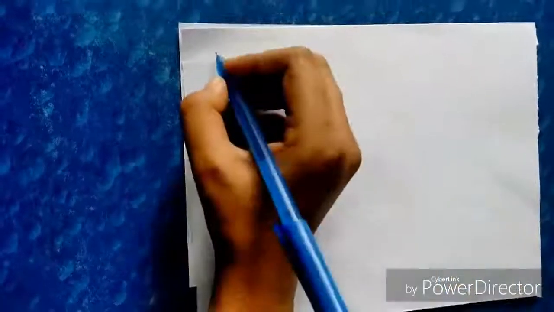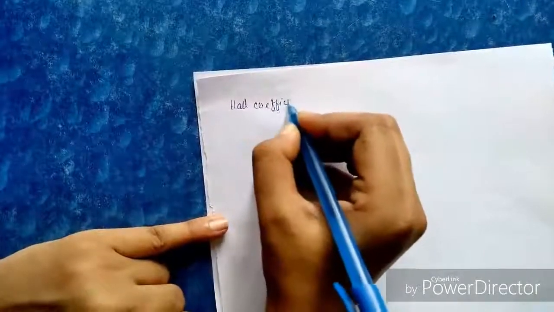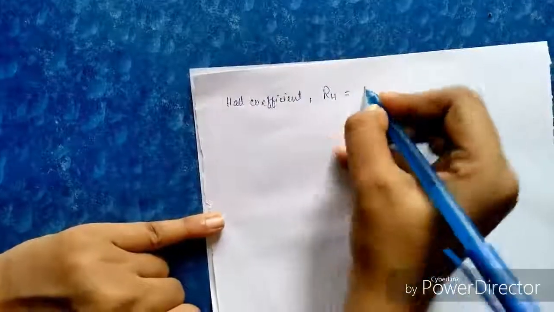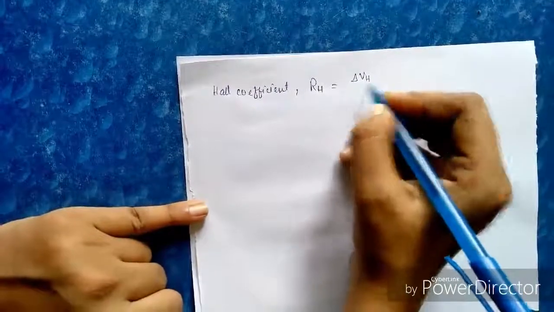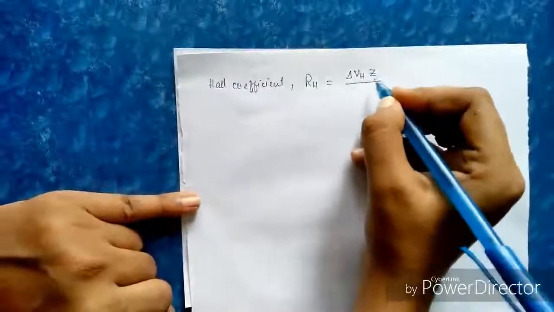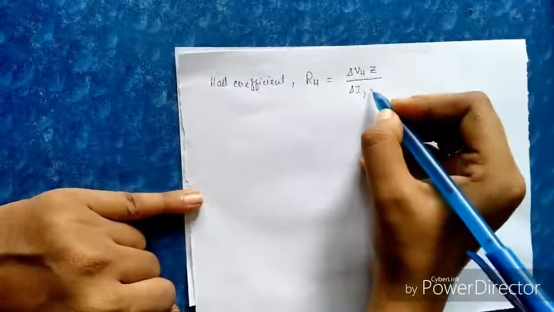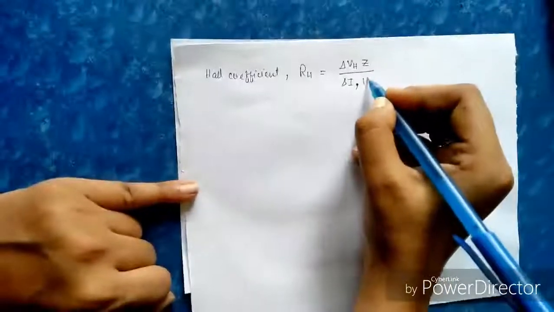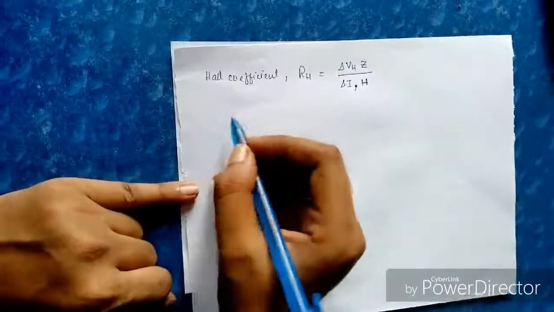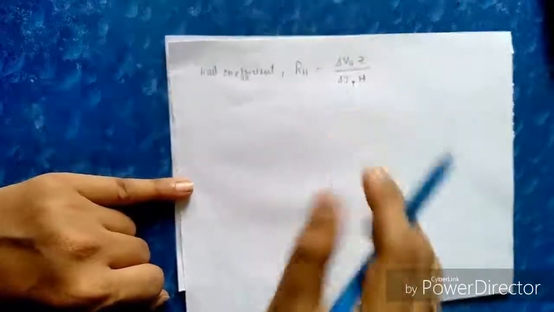So firstly, for Hall coefficient, that is RH, the equation goes like this: delta VH, that is delta of Hall voltage, times the thickness Z of the material, divided by delta I, that is the Hall current, into the magnetic flux. So now let us find the value of Hall voltage.